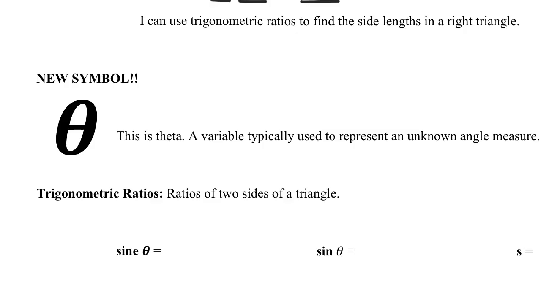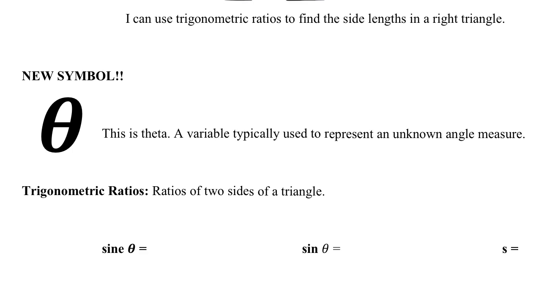This is theta. It is a Greek letter, and it is typically used to represent unknown angle measures. As you get higher into mathematics, your regular alphabet, A, B, C, D, E, F, G, all of that typically stands for side lengths, whereas Greek letters, such as alpha or beta or theta, gamma, there's a whole bunch of other ones, will typically stand for an angle measure.